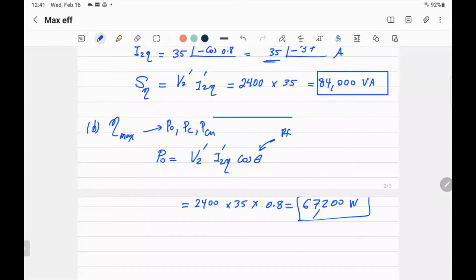We need core loss, we need copper loss. Can you get core loss?